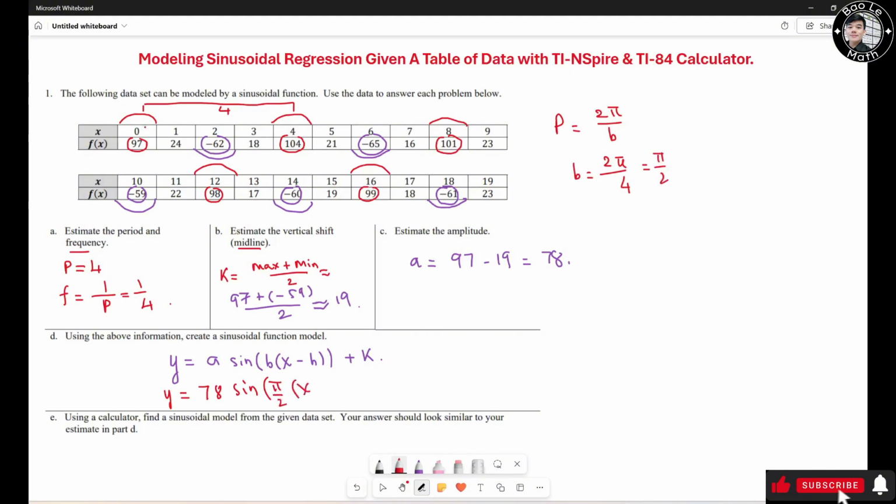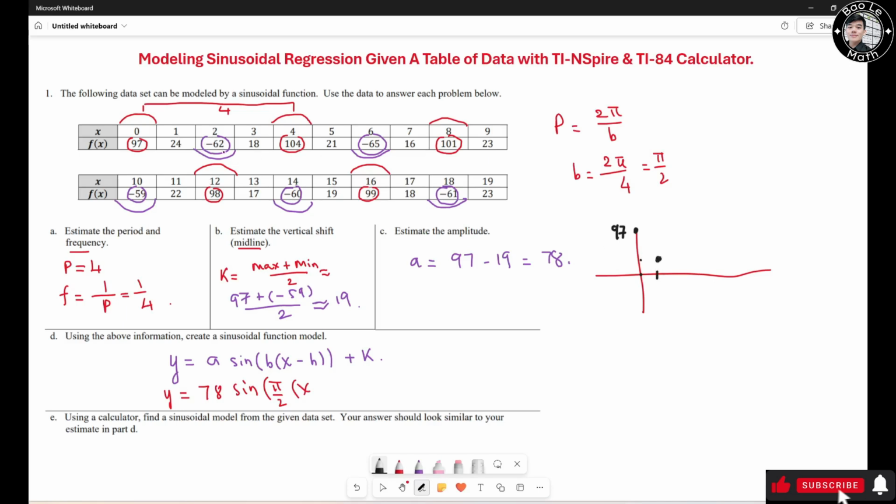Now, we look at this one, we just get a rough draft. When x equals 0, y equals 97, so 0 right here, and 97 is somewhere right here. When x equals 1, y equals 24, so 1, 24 should be right here.